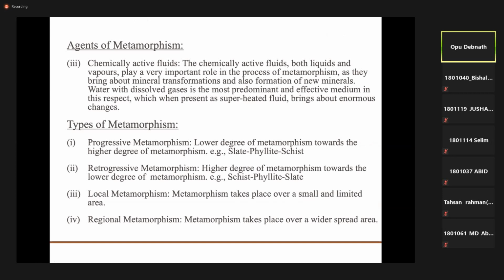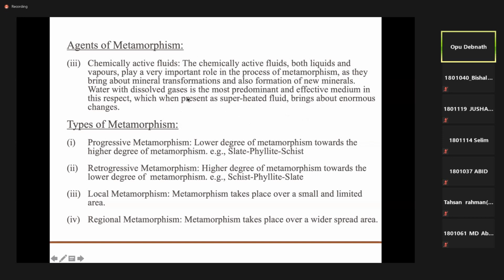So these are actually dissolved gases. Water also sometimes acts as a metamorphic agent, because of the flow of hot water inside the earth. And obviously those waters contain some minerals. So these have some effect in the metamorphism. These are the effects of chemically active fluids.